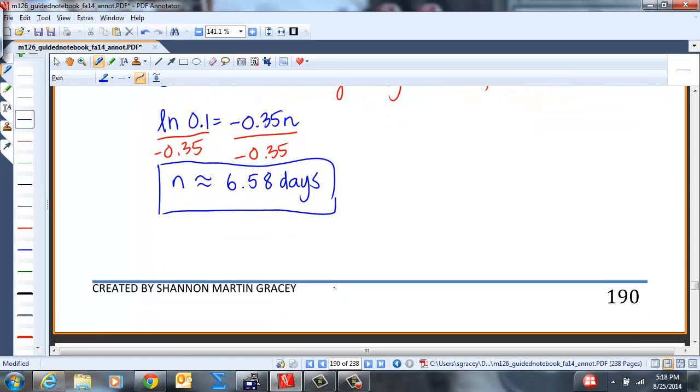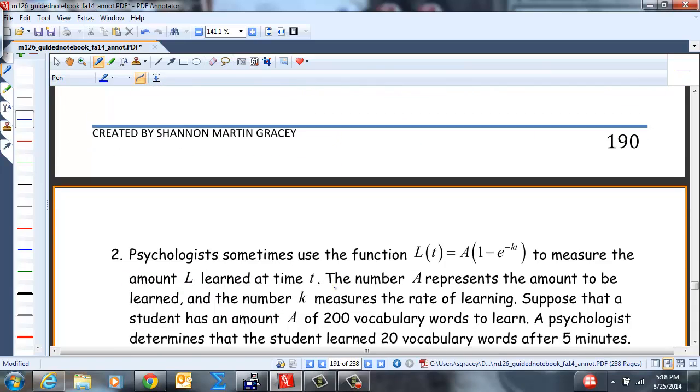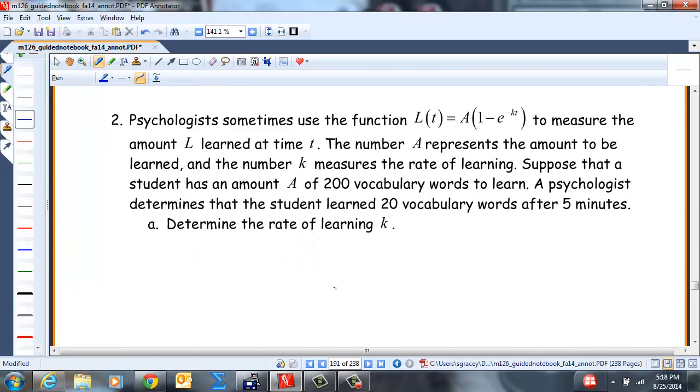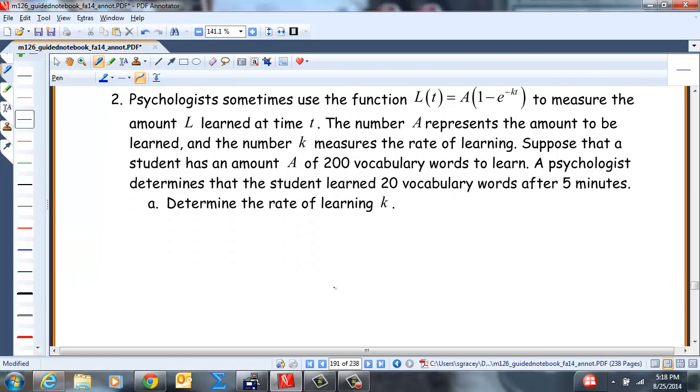Okay. So next up, again, this is the application I used in the last section. I believe it's similar, and we have to find some different things. So first we have this function that psychologists sometimes use, L of t equals a times quantity 1 minus e raised to the negative kt, to measure the amount L learned at time t.